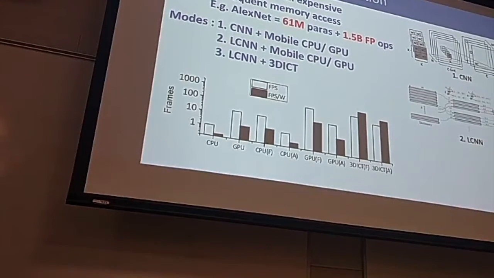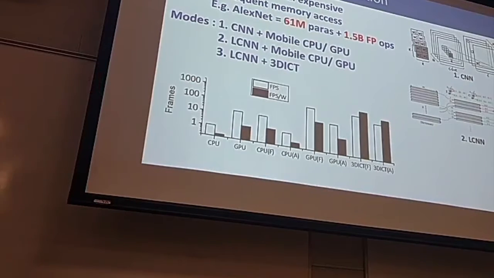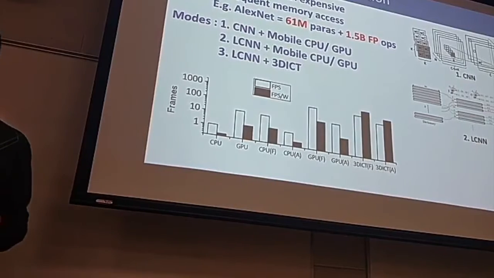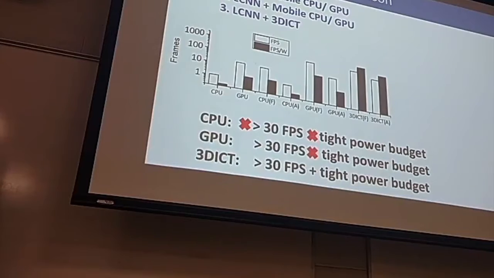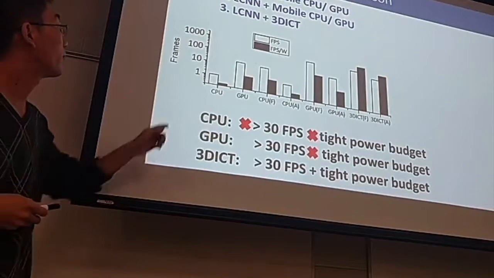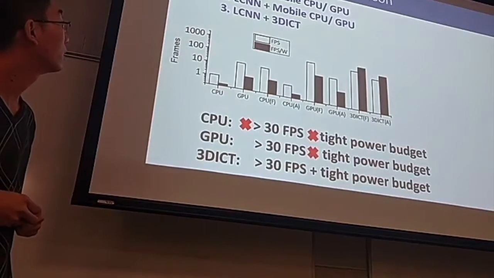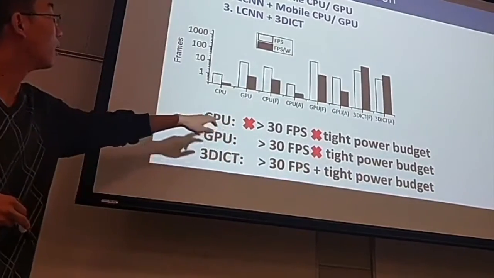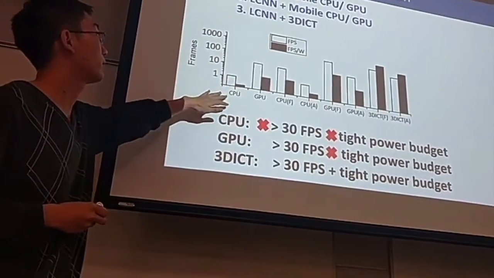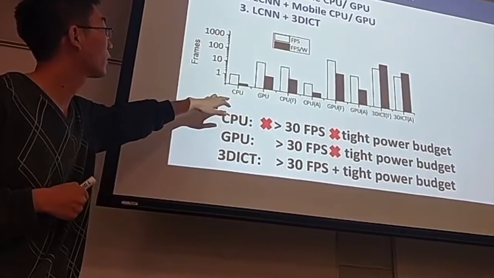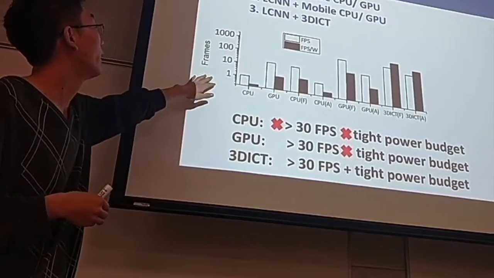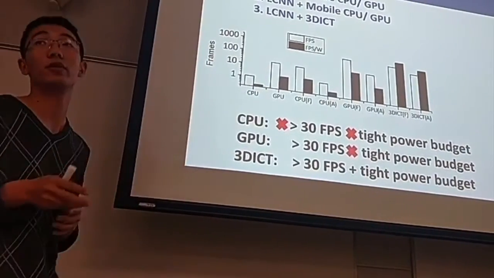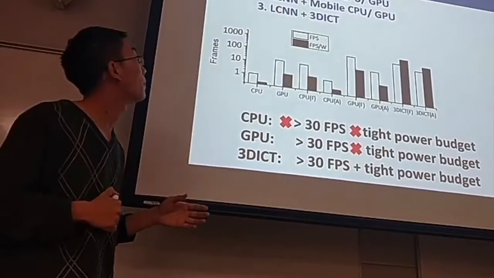So I explored these three models. In this bar graph, the x-axis represents the hardware platform, such as CPU, GPU. The y-axis represents the frames.